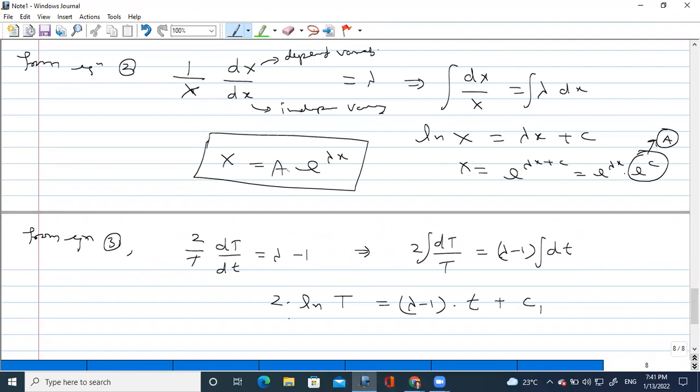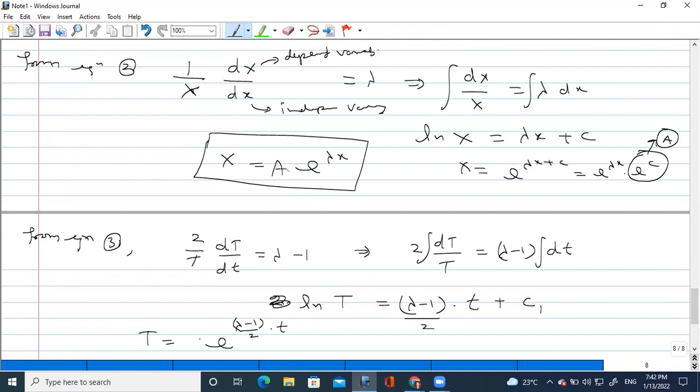Okay, now here also this 2 will go here, it will become divided by 2. So take antilog of this, so T will be e to the power lambda minus 1 by 2 into small t plus c1. So that will be e to the power c1.